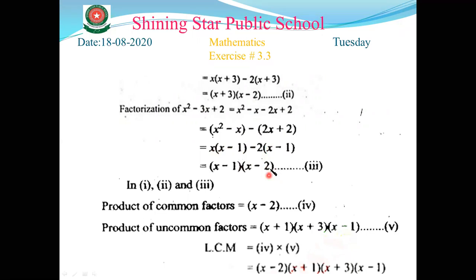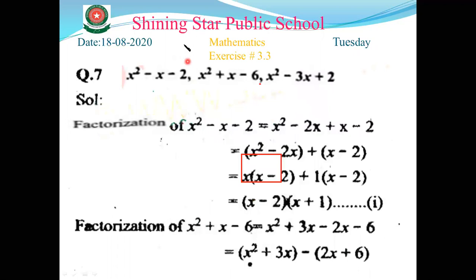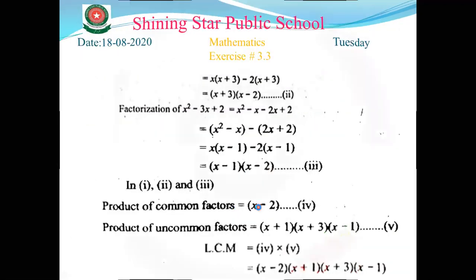Now we find the common factors. In this term, we will get x minus 2. Okay. And in the previous terms, you will get x minus 2 here too. So it means all the three terms have the common factor x minus 2.